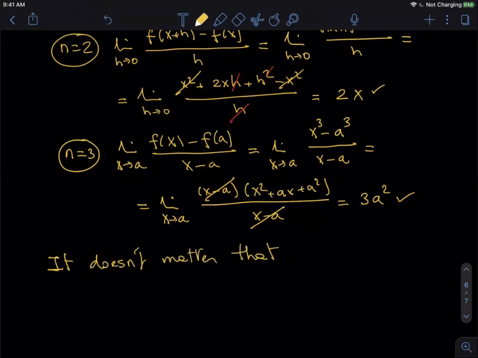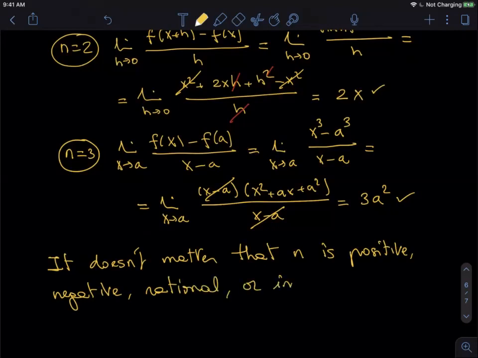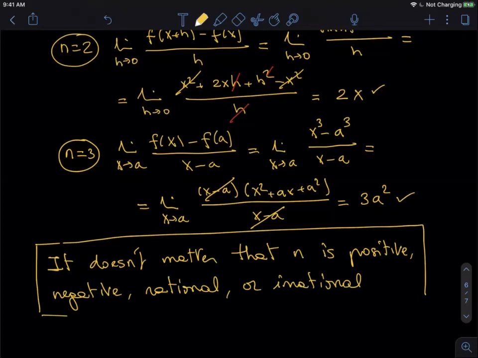Doesn't matter that n is positive, negative, a fraction, a rational number, or even irrational. No matter how complicated the number is, that's okay.